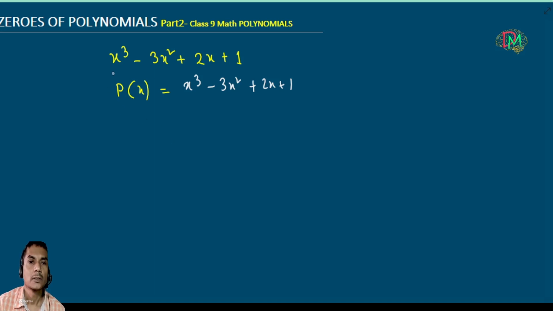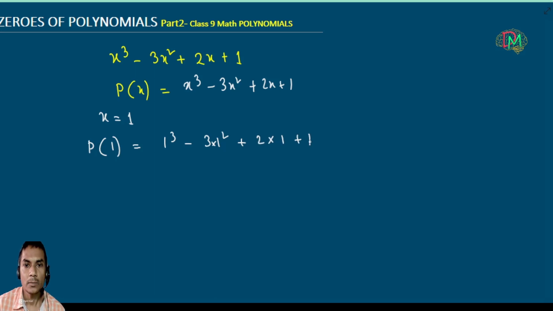Now suppose I want the value when x is equal to 1. What will be the value of the polynomial? You can write p(1), replacing every x with 1. You get 1 cube minus 3 into 1 square plus 2 into 1 plus 1.